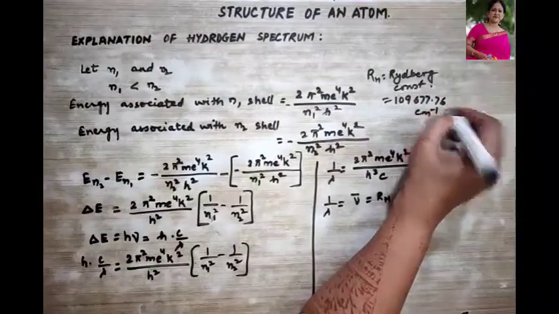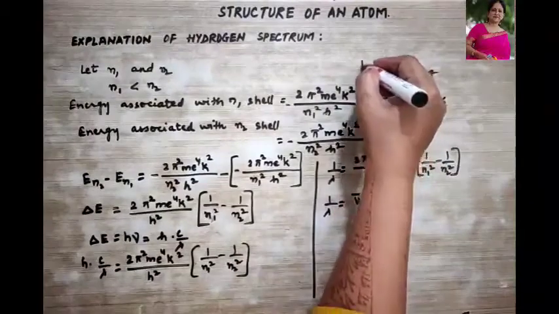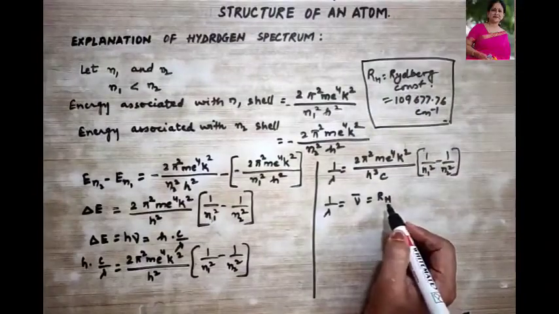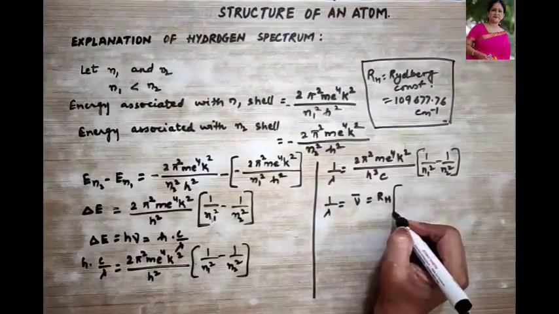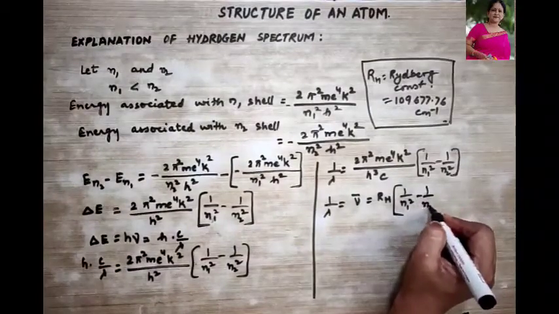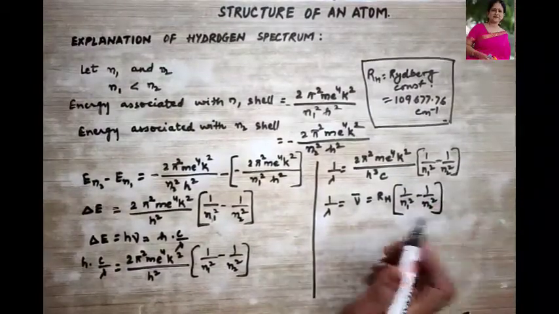This part you need to remember what I have written over here: 1 upon n1 square minus 1 upon n2 square.